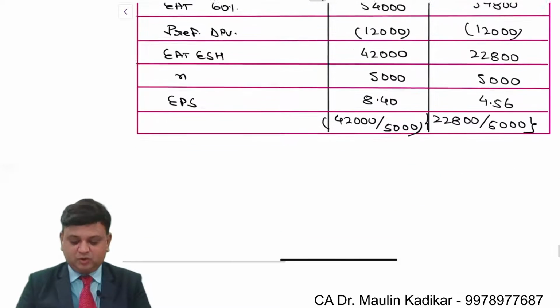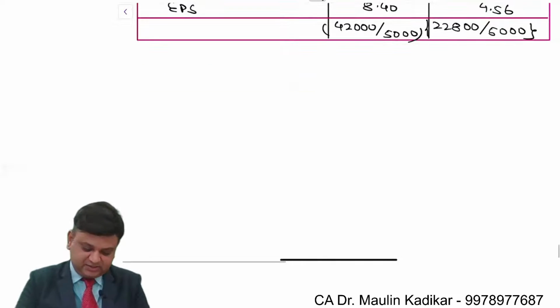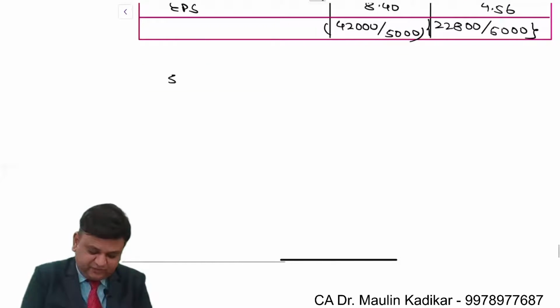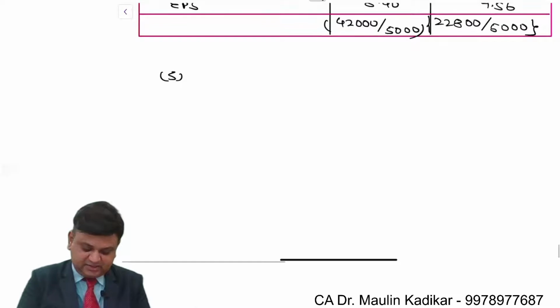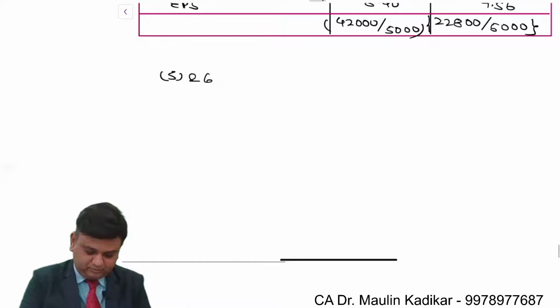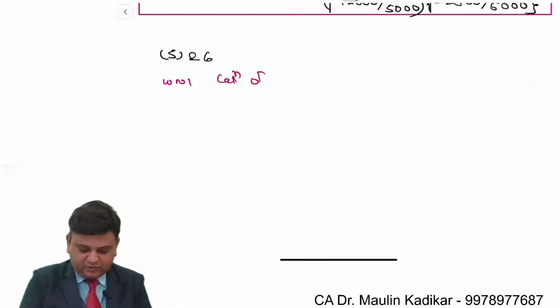Now if somebody wants to do it with the alternative method, then he or she can do the working like this, for question number 5 and question number 6. Working note number 1, calculation of percentage change in earning per share.